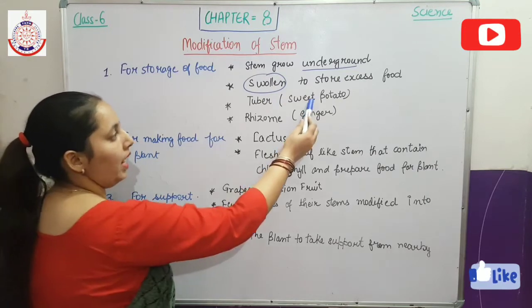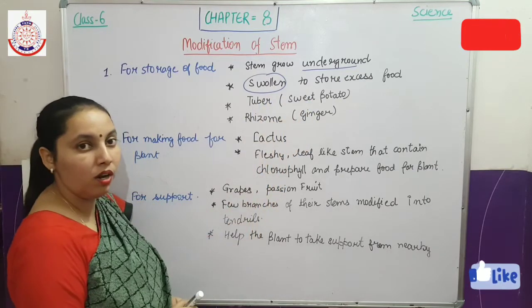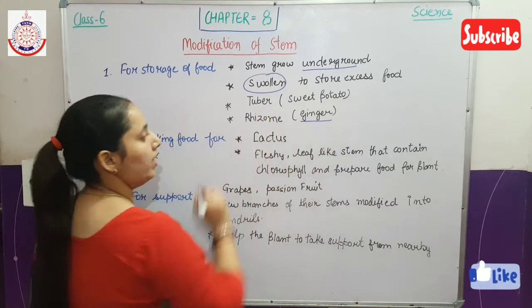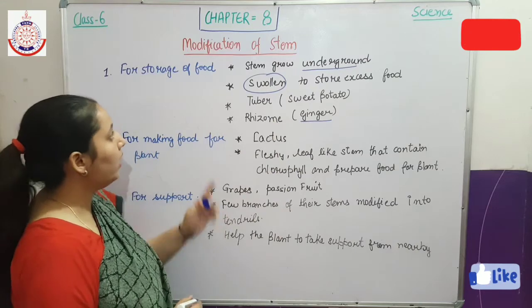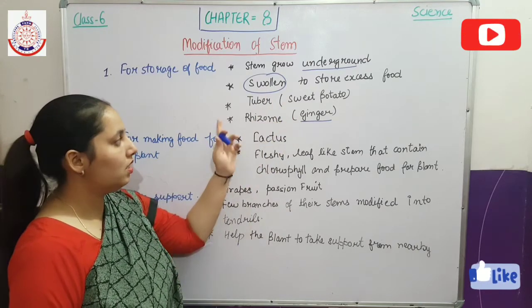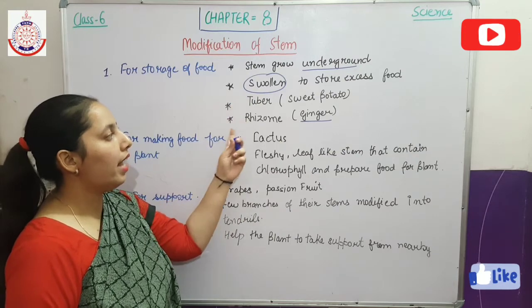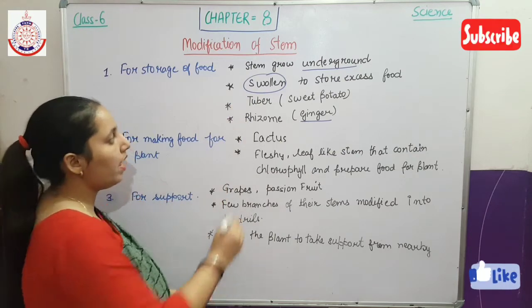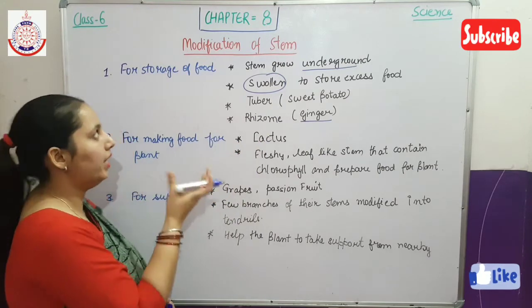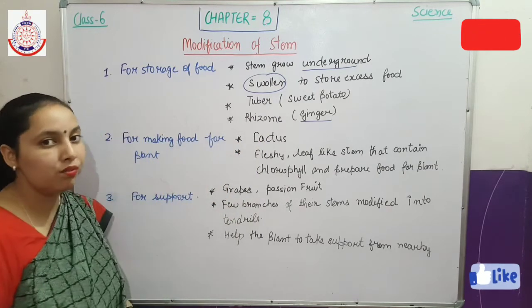In sweet potato, that type of stem we call a tuber, and in ginger we call it a rhizome. So in case of sweet potato and ginger, the stems we call tuber and rhizome, and these stems are grown swollen and underground for the storage of food.